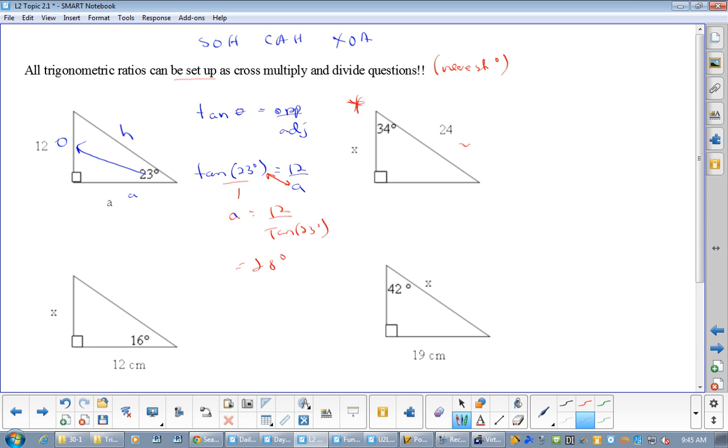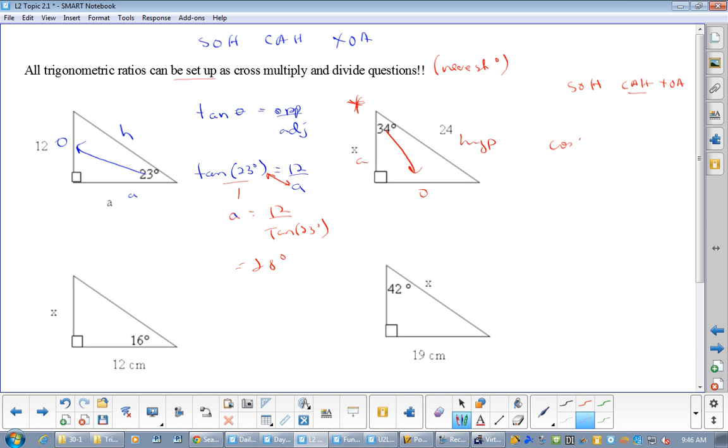Hypotenuse. How about the x? And this one? Opposite. Which one of these has nothing to do with the question? Opposite. So if you see SOH CAH TOA, which one would we pick?